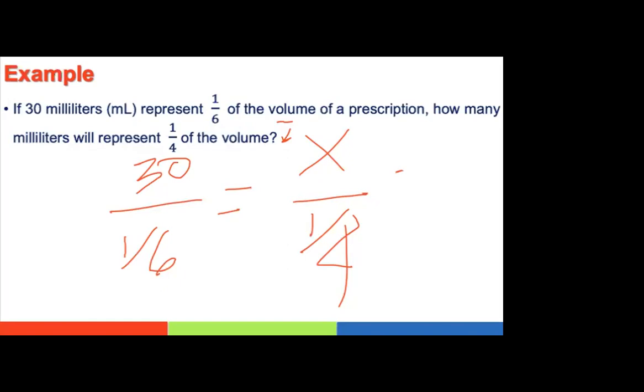Paano mag-compute ng manual? I-multiply mo 30 times 1/4 divided by 1/6. Multiplication lang ang ratio and proportion and division. Yan nga ang nagpahirap sa boards. Ang dali na lang sana, kaso nagtatagal ka sa isang problem because manual computation. Yung 100 divided by 3, manual computation mo pa yun.